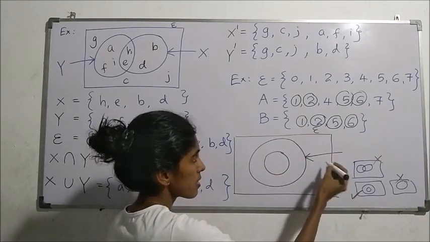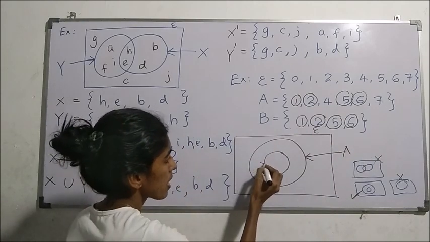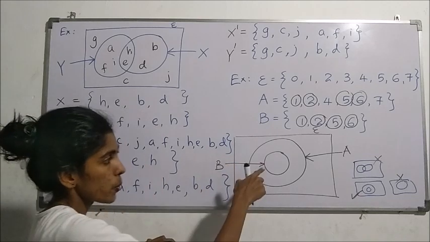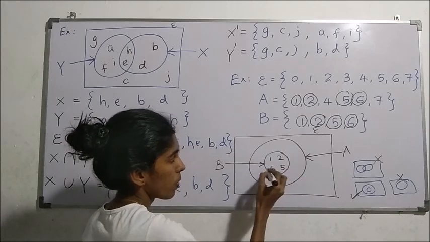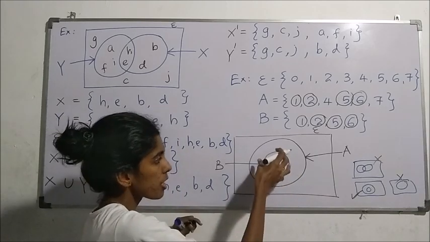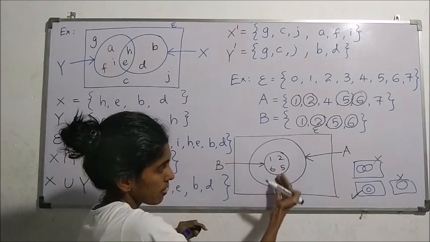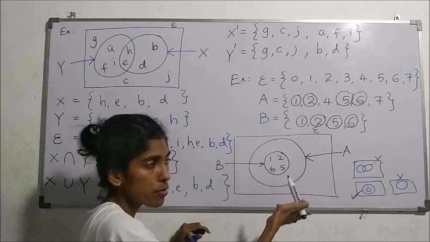Okay, this is the universal set. The big set, I am naming it as A, and the small set inside the previous set I am putting B. So inside B we can put 1, 2, 5, 6 all. Now already they belong to B and A both, no? A means the whole set. Now 1, 2, 6, 5 have been included in set A already.